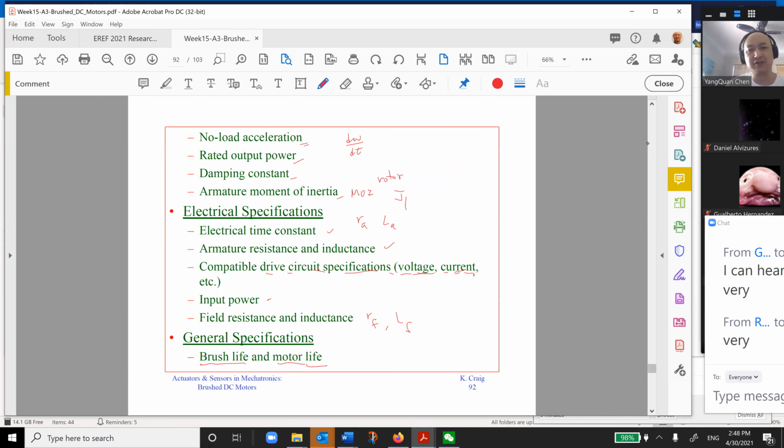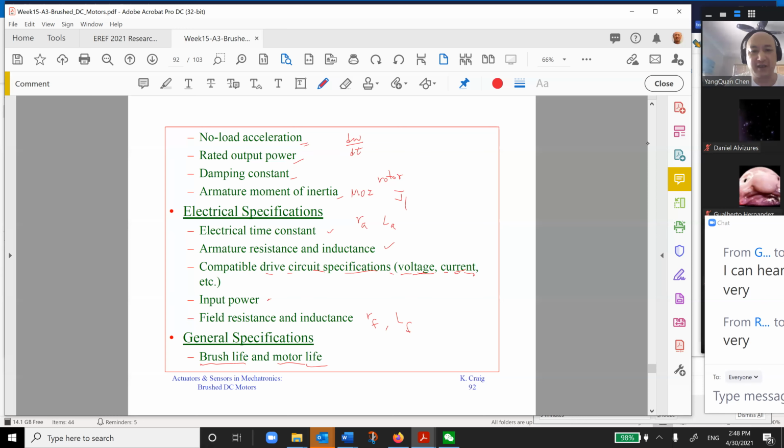No load acceleration, d omega dt, rated output power, armature moment of inertia, damping constant, and so on and so forth. For the electrical specs, you have R_A, remember? Electrical specifications include electrical time constant, armature resistance, inductance.